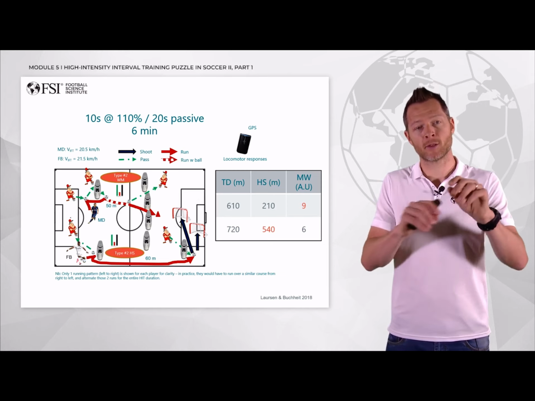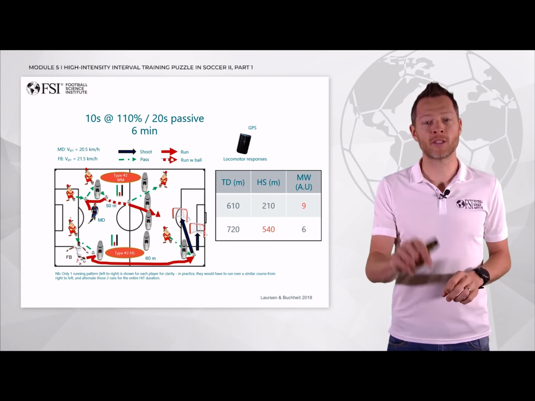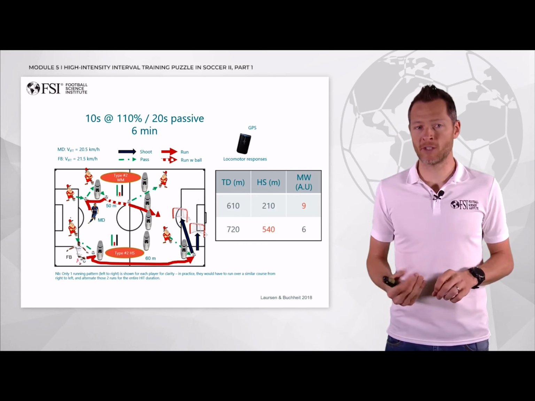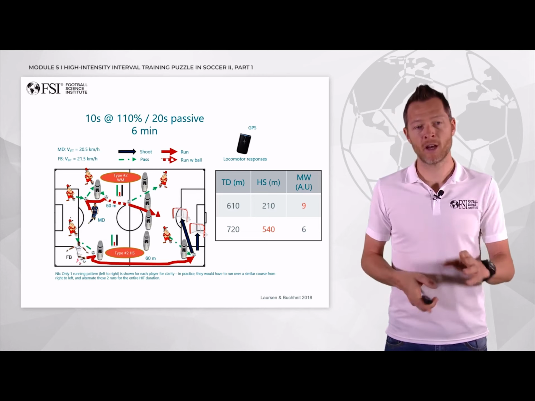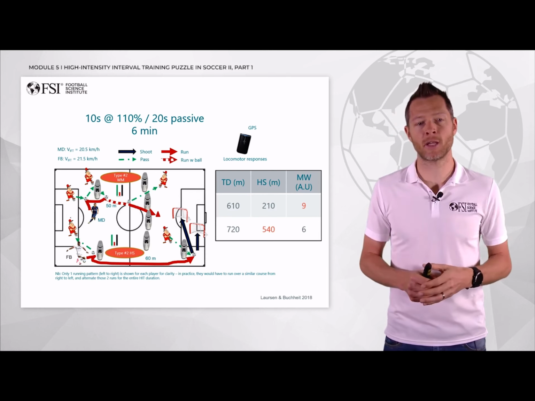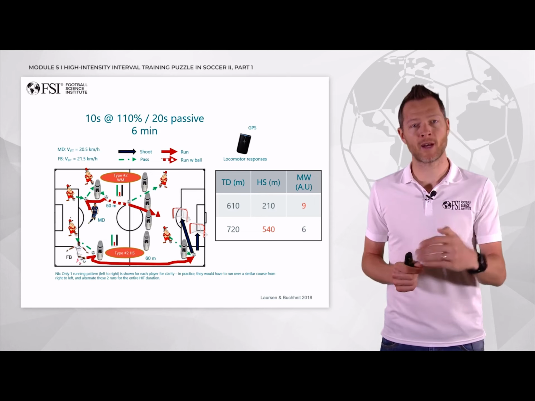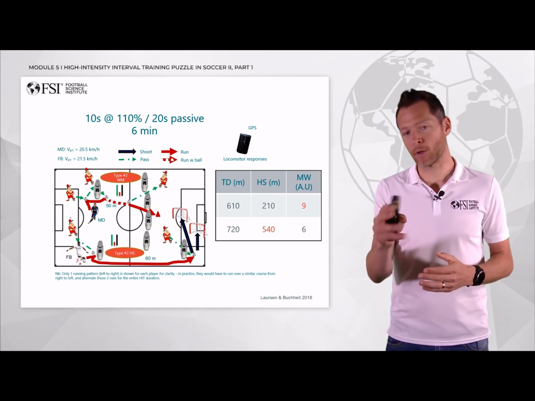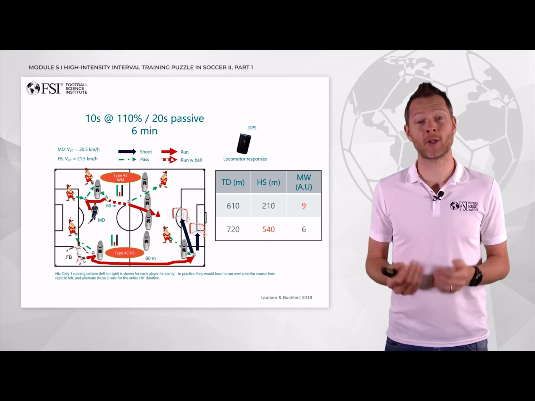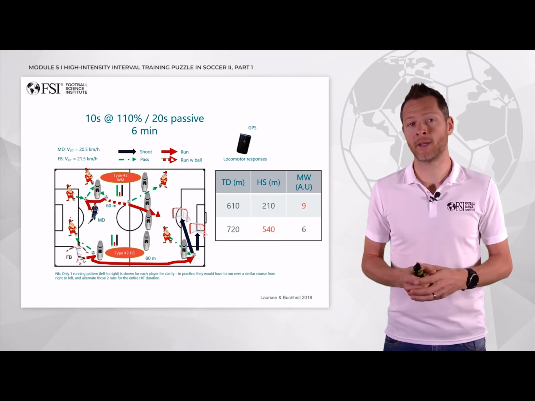So with some kind of position-specific movement patterns, we could still have very, very different readings in terms of GPS outputs. And in this case, as you can see, the midfielder with this sequence over 3 minutes will end up covering only 200 meters at high speed with a mechanical work of 9 units, while the fullback will cover more than 500 meters at high speed with a little bit lower mechanical work.